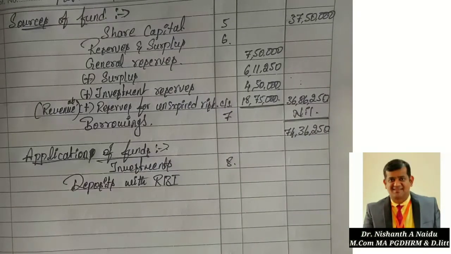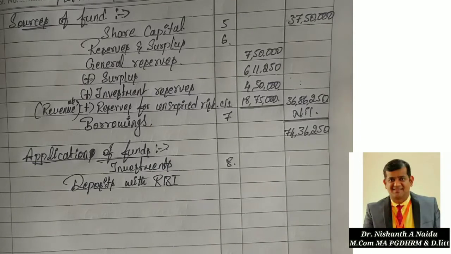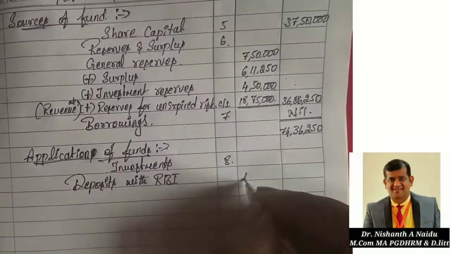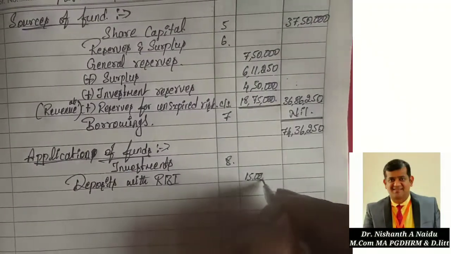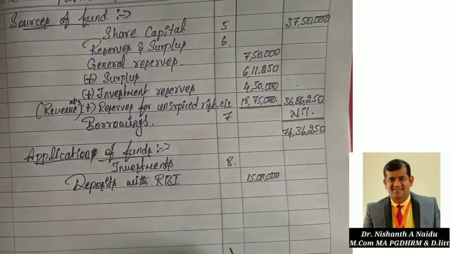So deposits with RBI on the credit side of the table. Fourth item, I think. No, 1, 2, 3, 4, fifth item. So how much deposits with RBI? 15 lakh rupees. So I'm writing that 15 lakh rupees deposits with RBI.